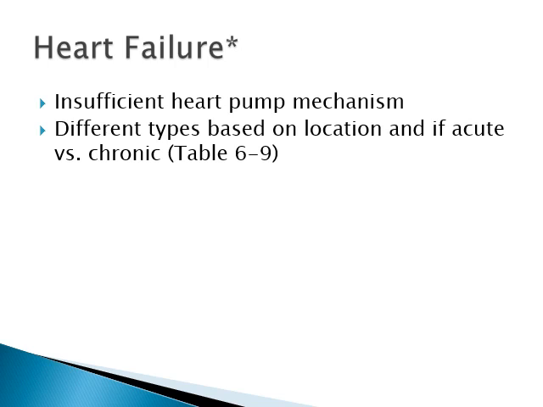In other words, in some situations you'll get pulmonary edema, and in others you'll get more peripheral edema from heart failure. When you look at this table, make the connection between why you would have pulmonary edema versus systemic edema based upon whether you have left or right heart failure. So take a look at that and see if you can get an understanding of that. And if you're not sure, just ask questions about it.